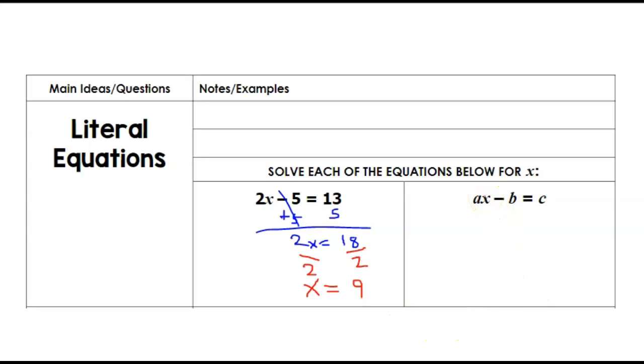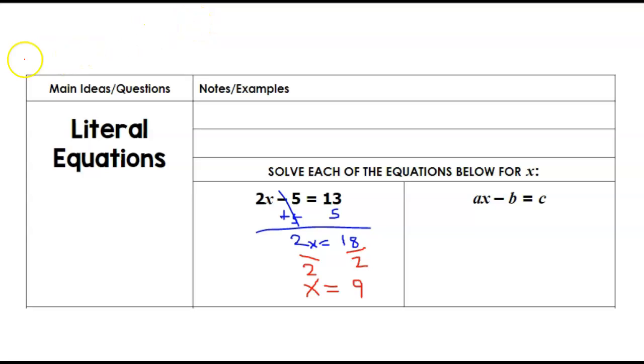So let's talk about this other side, and then we'll discuss what literal equations are. This other side says solve the equation for x. The only difference with literal equations and actual equations is that literal equations just have a ton of variables.